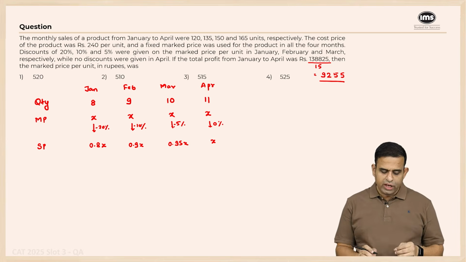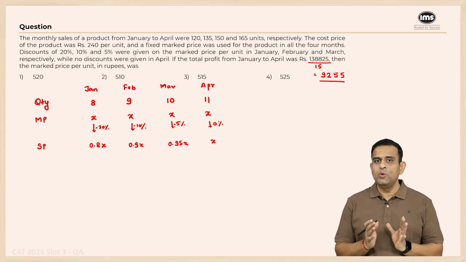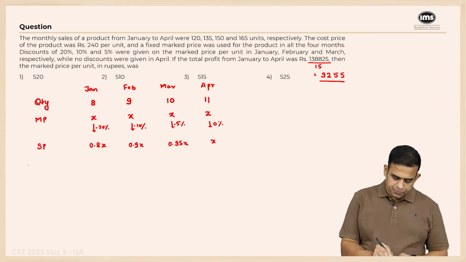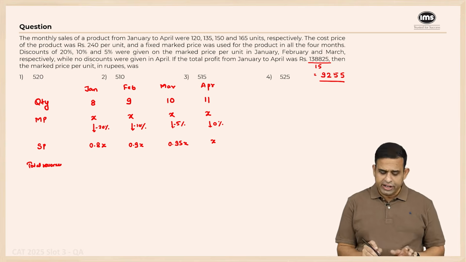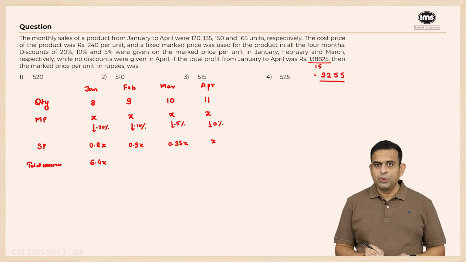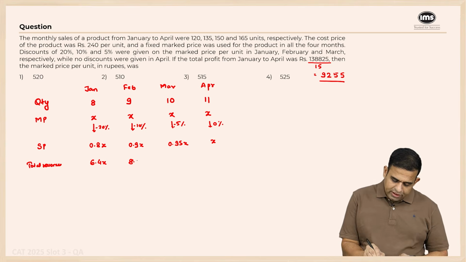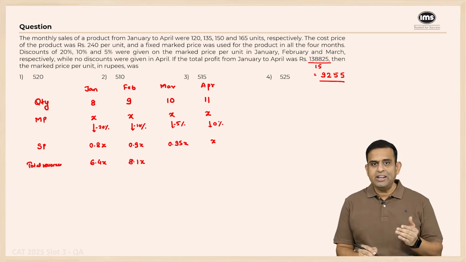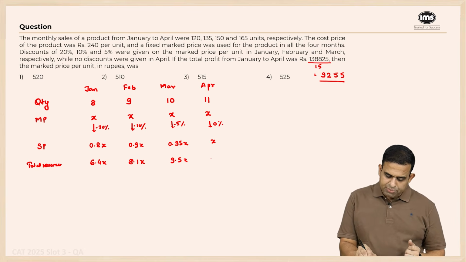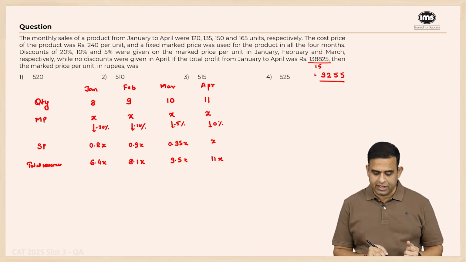So if you look at the total revenue earned in the month of January, it must be 8 into 0.8, giving you 6.4x. 9 into 0.9 will become 8.1x. 10 times 0.95x gives you 9.5x, and this part simply becomes equal to 11x.